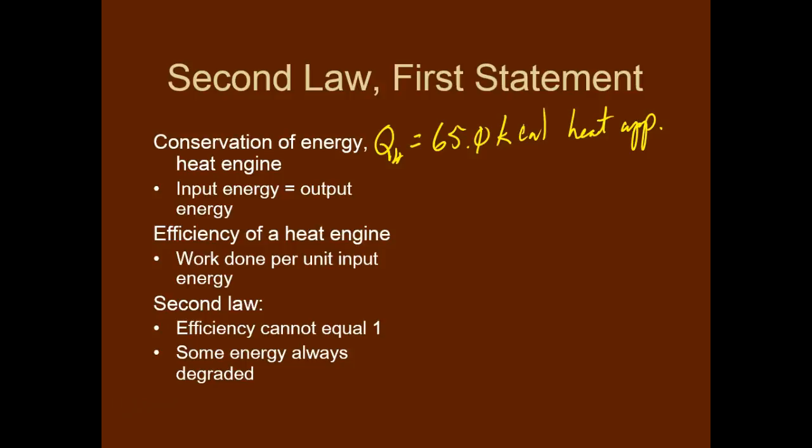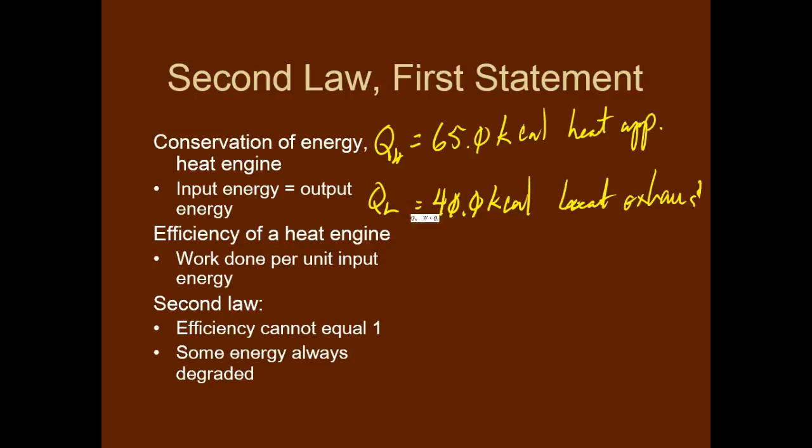Let me read on. Exhaust, 40.0 kilocalories of heat. This would be the heat in the exhaust. What would that be? Now it's your turn. That would be L. Yeah, that's your QL. Exactly. Okay? How much work did the heat engine do?